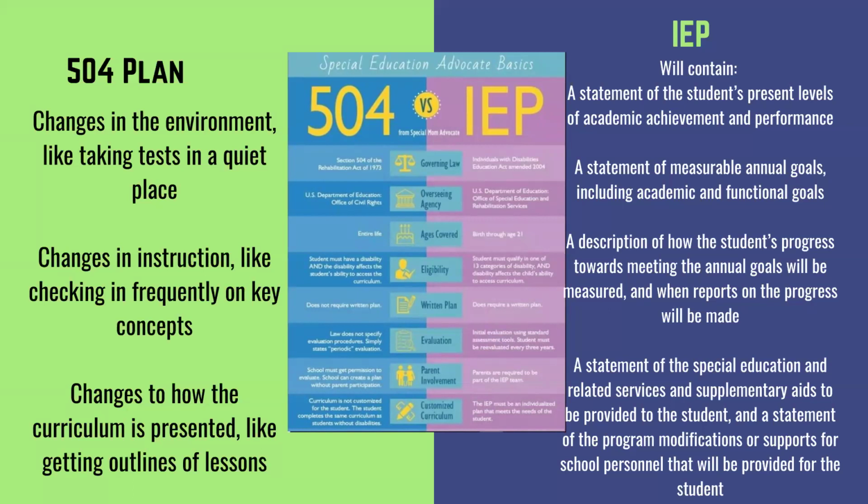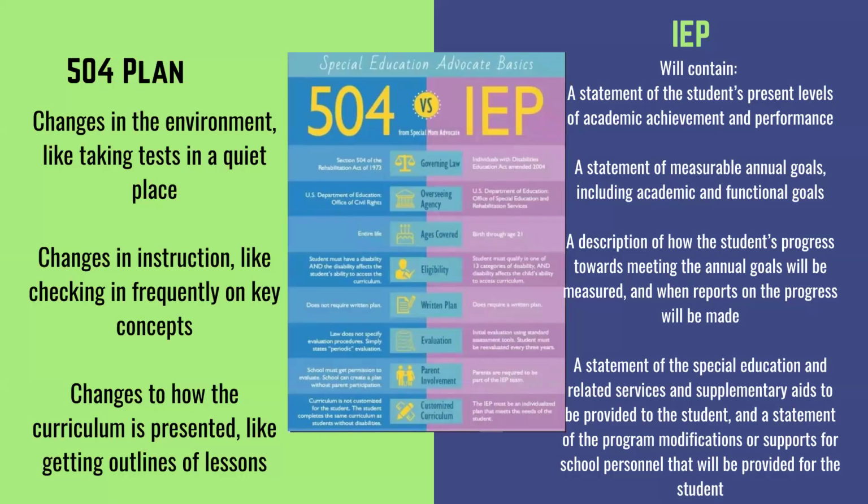To get an IEP, a student's disability must interfere with their ability to fully benefit from the general education curriculum, meaning that they need specialized instruction. To get a 504 plan, a student's disability must hinder their ability to learn in a general education classroom without accommodations.